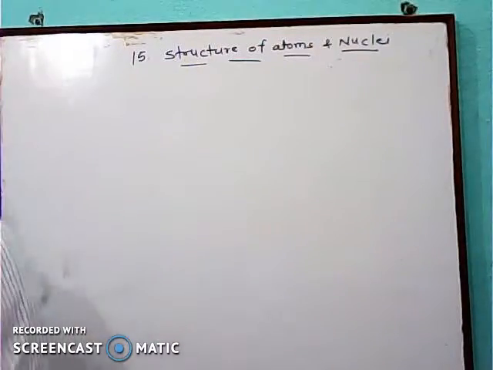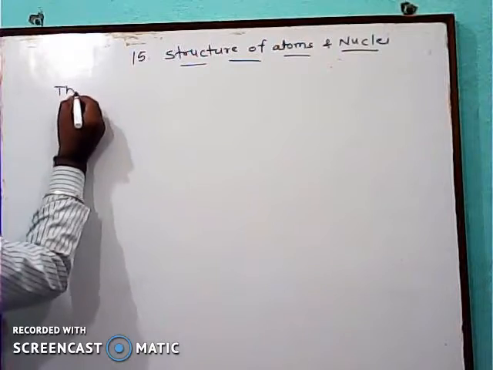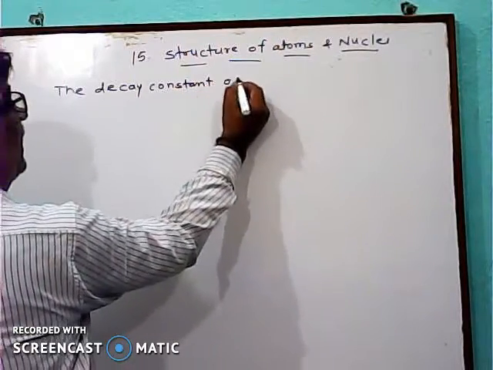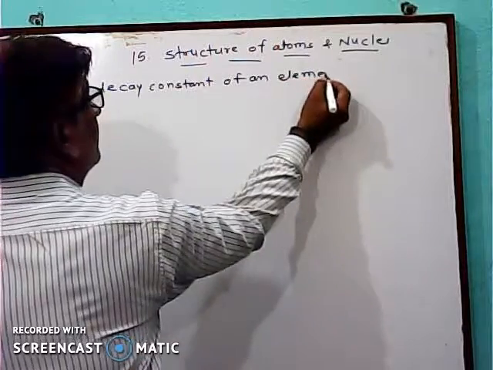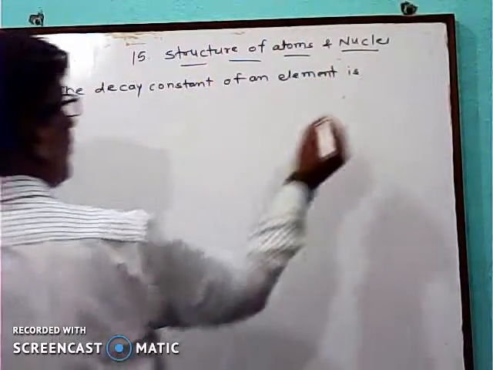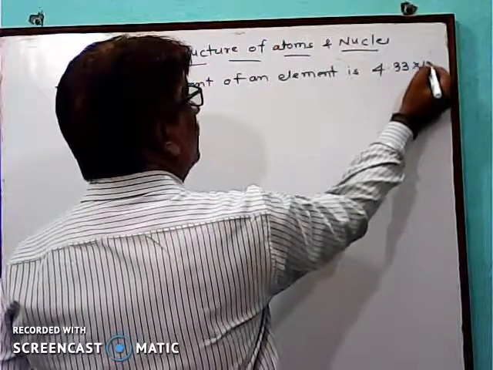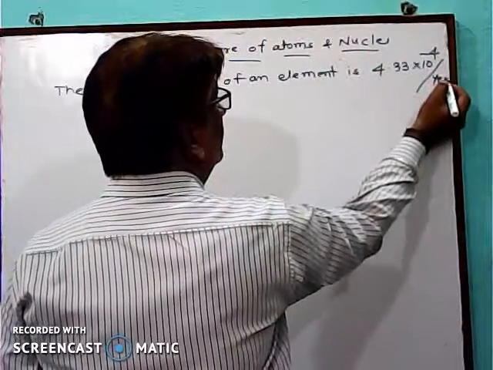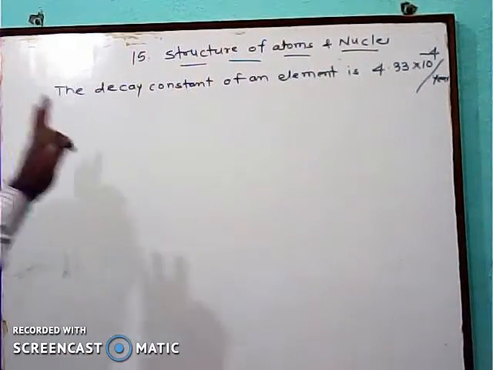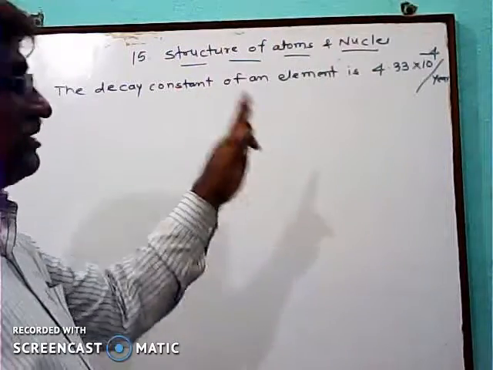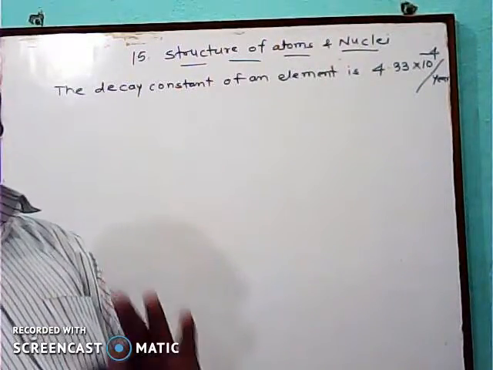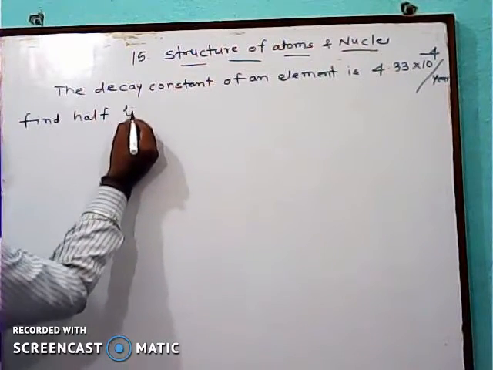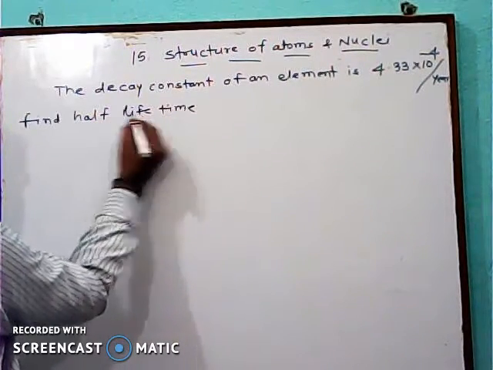So if a question is asked like this: the decay constant of an element is 4.33 into 10 to the power minus 4 per year, find the half-life time period.